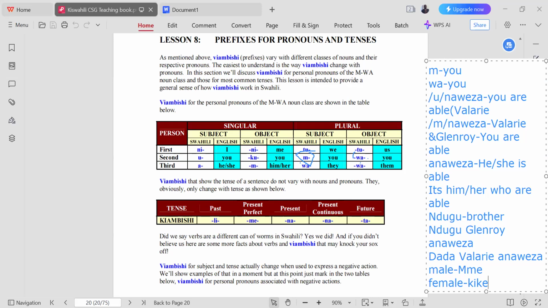Swahili treats them as one, and does not have a separate word for he or she. Swahili will say based on gender: for a male, mume or kiume; for a female, kike.